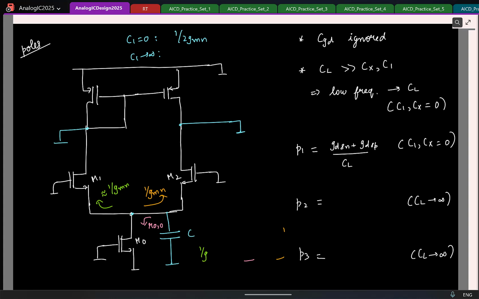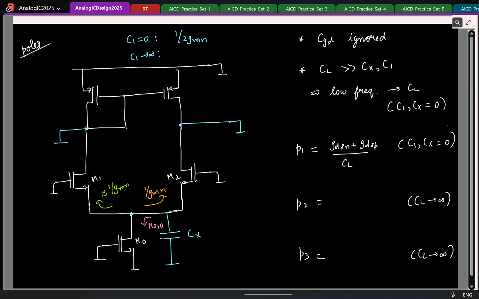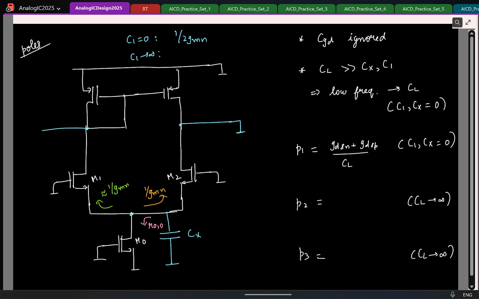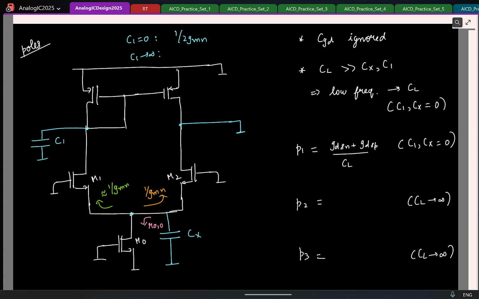So I'll erase this. This is Cx. We'll go to the next page. So I'll mark C1. The resistance seen by Cx is basically 1 by 2 Gm. So what is the pole location then? 2 Gm by Cx. We write this because I found that Cx and C1 are uncoupled, right?